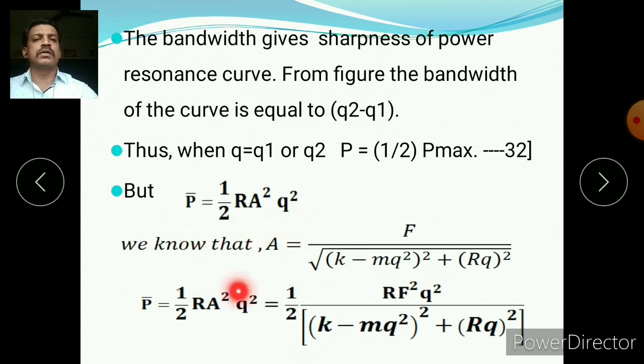We know our well known equation of amplitude, A equals F upon the square root of [K minus M Q square] square plus [R Q] square. So we put the value of A in this average power equation. If we square the amplitude, it is F square, and in the denominator the square root is removed, so you get [K minus M Q square] square plus [R Q] square.